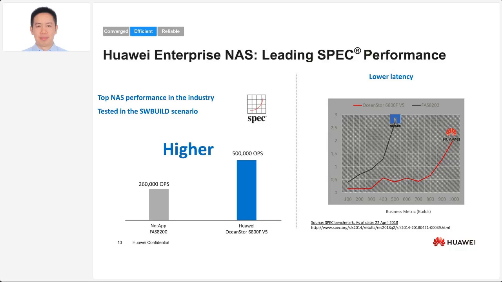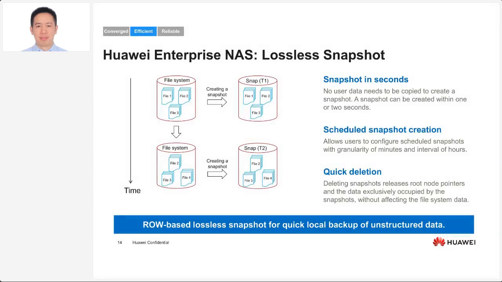On the 6800F V5 model we come with 500,000 OPS, and that performance indication is much higher than other vendors in the industry. So with this strategy, we should have better performance.